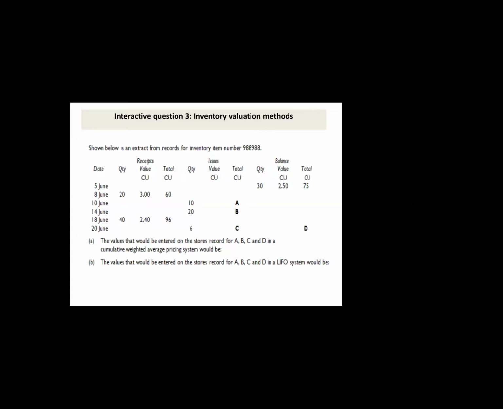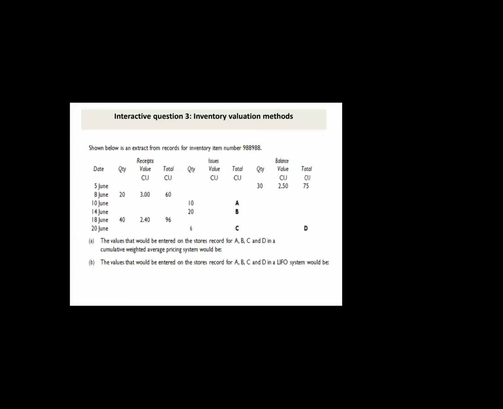It's very much easy. First of all, we have 30 units, total cost 75. Then on 8 June, we receive 20 units at the rate of Taka 3, that is 60. So we have in hand 50 units at 8 June. Total cost is 135.